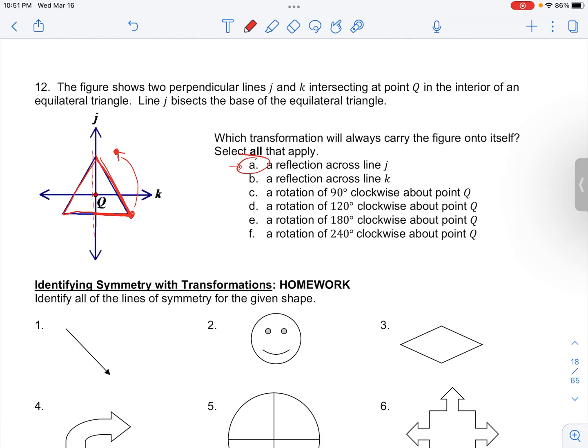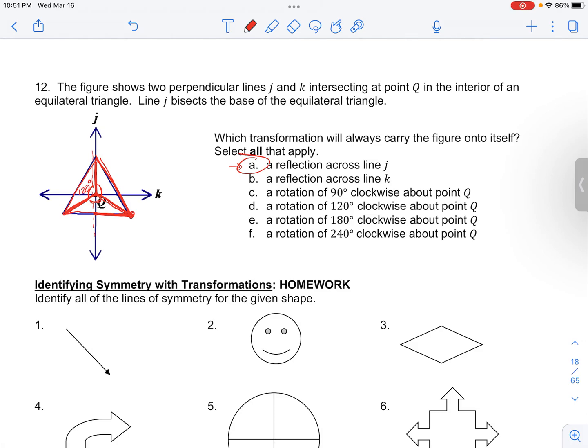D, a rotation of 120 degrees clockwise about point Q. So a rotation of 120 degrees is the same as moving one point to the point next to it, because if we take a look at the fact that this is an equilateral triangle, so if we draw lines to the center of the figure, we know that each of these angles is equal to 120 degrees, because it's 360 divided by 3.